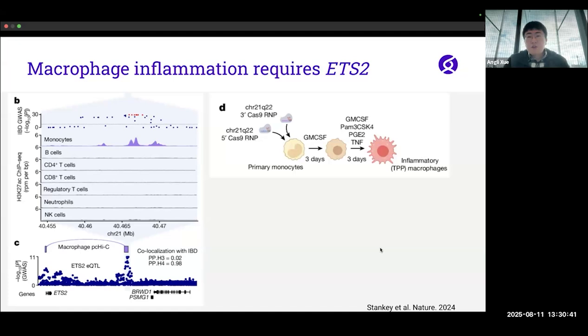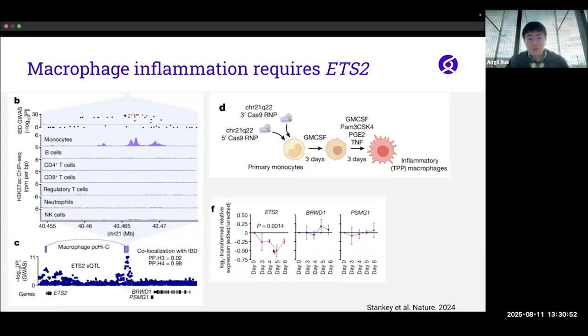And they did some functional validation. So they used CRISPR to knock out this region and see what the effect is on gene expression and some downstream effects. After culturing the primary monocytes into macrophages, they found that after knocking out the enhancer region, the ETS2 gene expression became slightly lower.